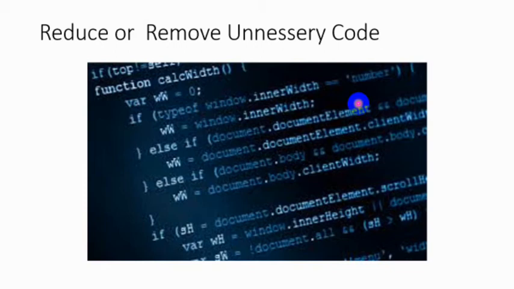It's so useful, because we know that every code is executed line by line. If we eliminate the unnecessary code, the system cannot execute the extra code, so it loads faster.